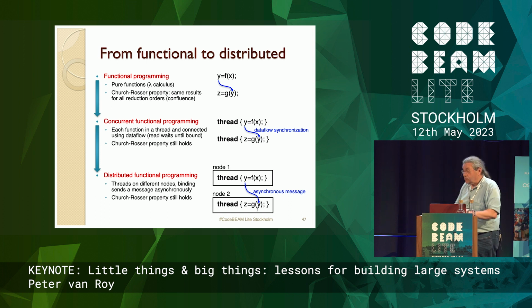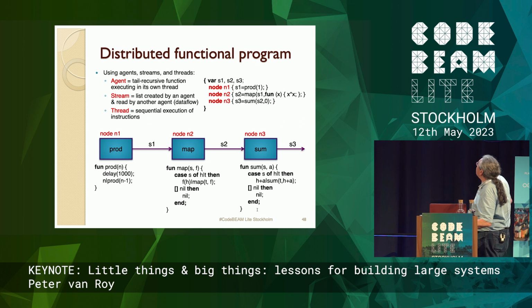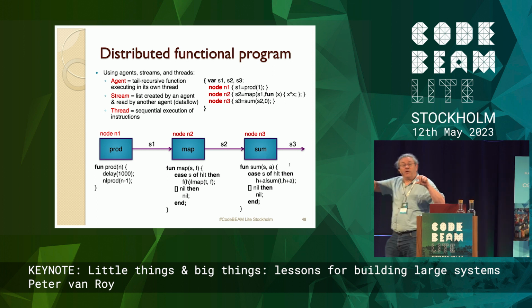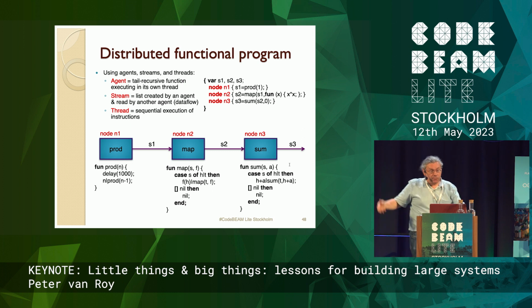And here's another example. So here I have 3 nodes. This is using some weird pseudosyntax that's a mixture of Oz and other things. So here I produce a stream. I map one stream to another, S1 to S2. And here I create an accumulated sum and have another stream. So a stream is basically a list which is being created incrementally.